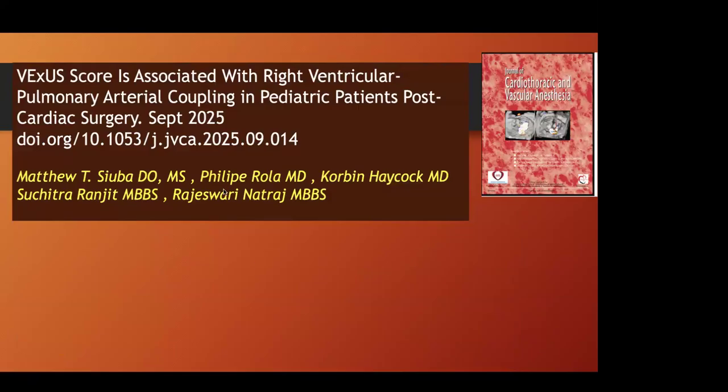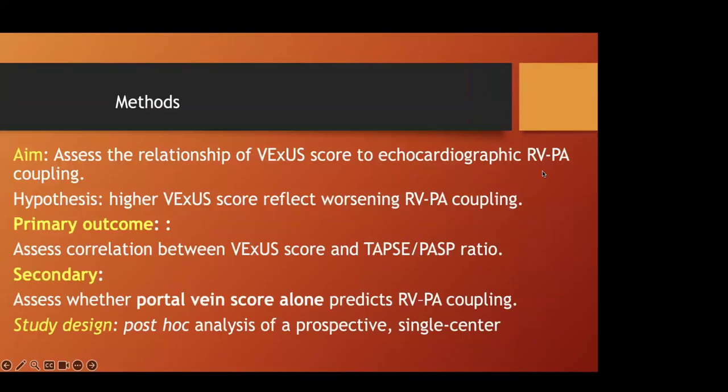We wanted to know the relationship of VExUS to echocardiographic components, that is RV-PA coupling, which we just explained. Our hypothesis was that a higher VExUS score will reflect worsening RV-PA coupling. And also we wanted to look whether the portal vein score alone, since it is very easy to perform at the bedside, predicts the coupling.